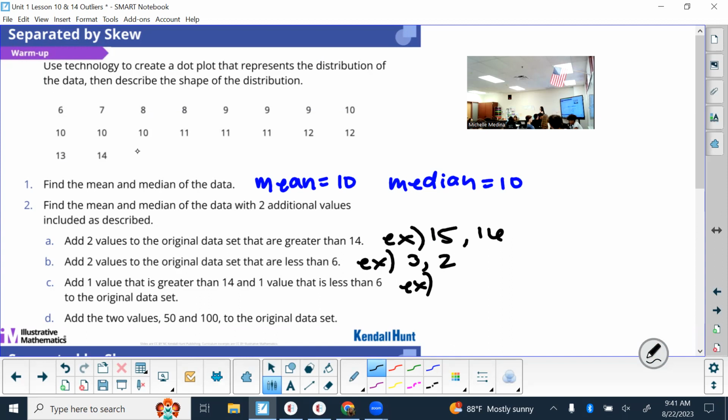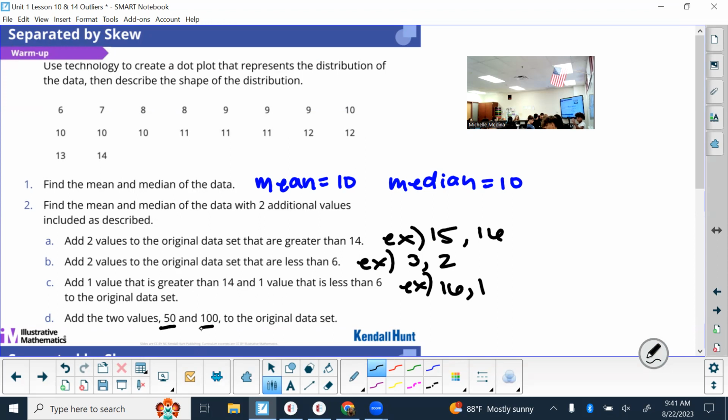Okay, good question. So now for part C, what's a number that's greater than 14, and a number that's less than 6? And lastly, you would add in 50 and 100, making it big. If you haven't done that yet, maybe get your Desmos out.